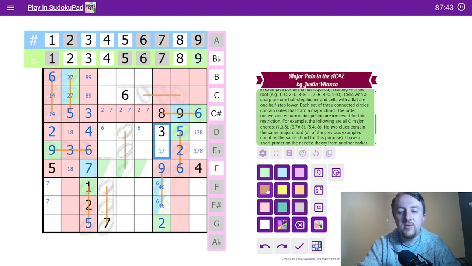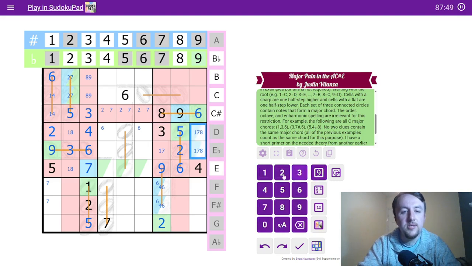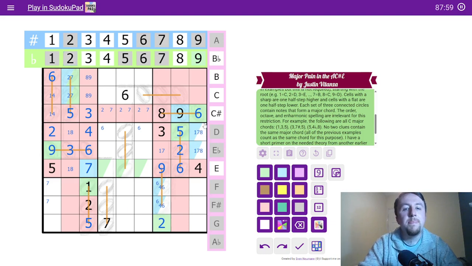Right, these are not sharp or flat, so they're natural, and then we have a sharp over there, which is not sharp 7. Let's just take note of the fact that we've just made a flat 2 over there. Sharp 1 and sharp 8 both seem to be available.